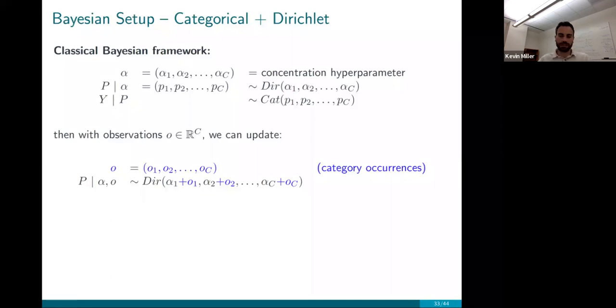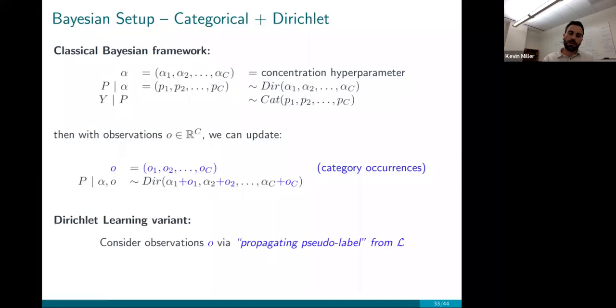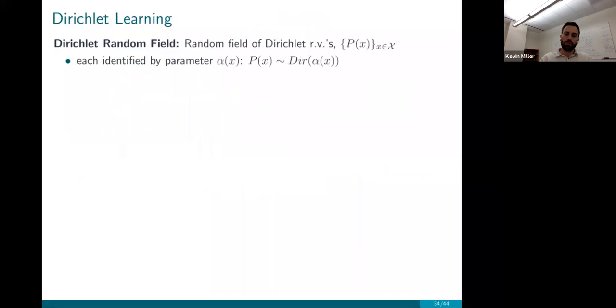We think of things like coin flipping and in the case of beta random variables, where it's just binary 0 or 1, success versus failure. And so seeing a heads would correspond to an integer value of 1 as an observation, or failure, also integer valued. But our variant is going to consider observations that come from propagating what we'll call pseudo-labels from the labeled set. So these will be continuously valued occurrences or observations.